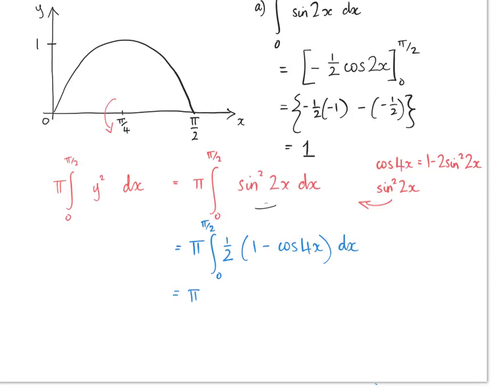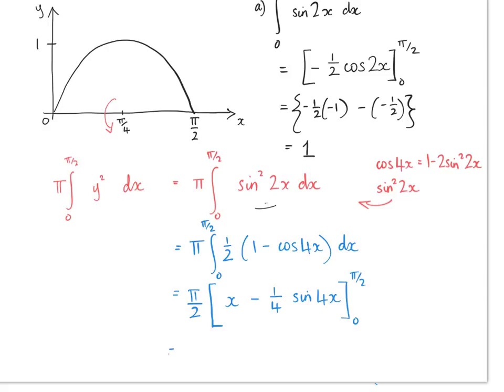It would help if I actually integrated it first of all, wouldn't it? So I'll take the half out, and then that's actually going to be x minus a quarter sine 4x, and that's in between 0 and pi by 2.